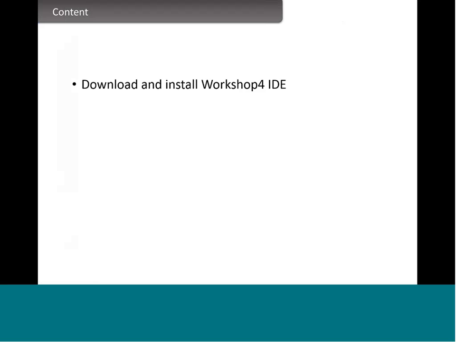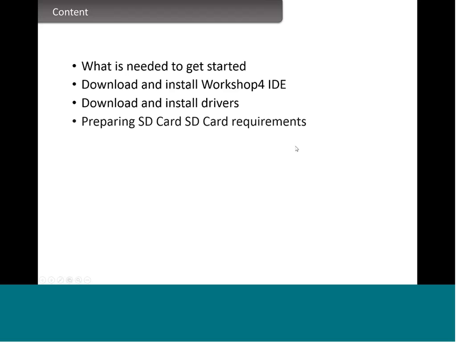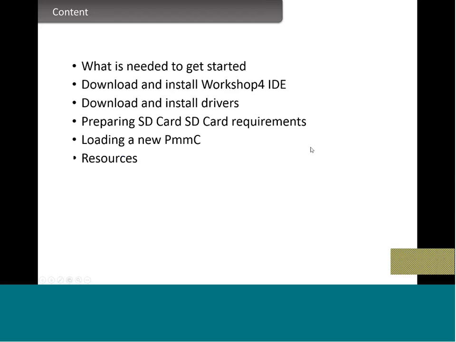What do we have to do when you want to start working with 4D Systems display solutions? You have to download and install the Workshop4 IDE. You need to install the drivers, prepare your SD cards, load a new PMMC, and know where resources are.